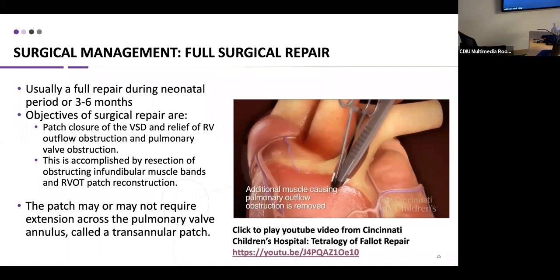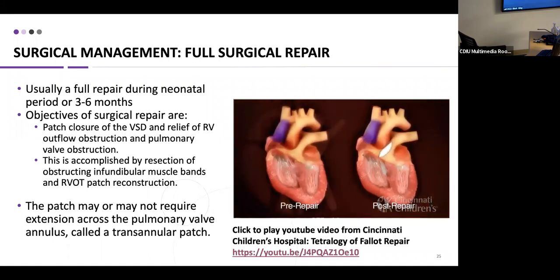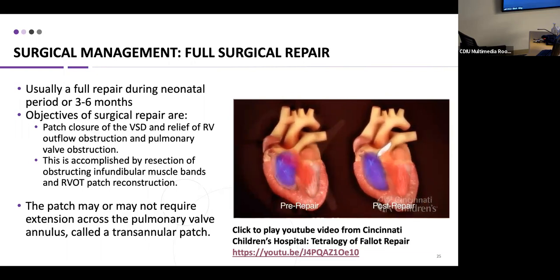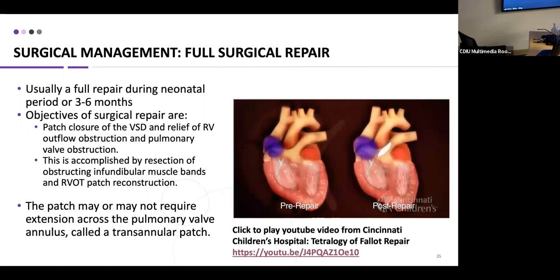Additional muscle causing pulmonary outflow obstruction is removed. A patch is used to further expand the pulmonary outflow tract. Pre-repair, post-repair. With the VSD closed and the pulmonary outflow tract open, there is no longer shunting or obstruction to cause cyanosis, as noted by the separation of red and blue blood in the post-repair.